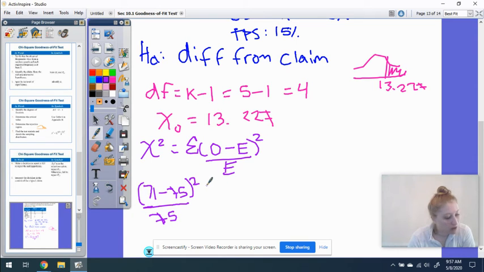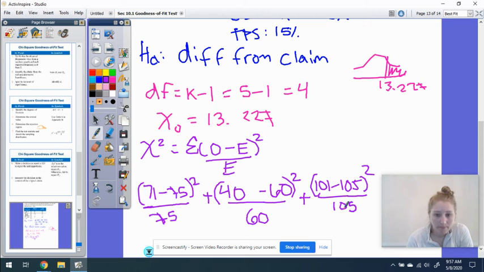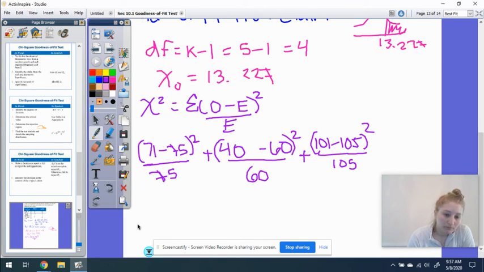And then for the by hand category, it's going to be 40 minus 60 squared divided by 60. And then we're going to have 101 minus 105 squared divided by 105. Oops, 35.